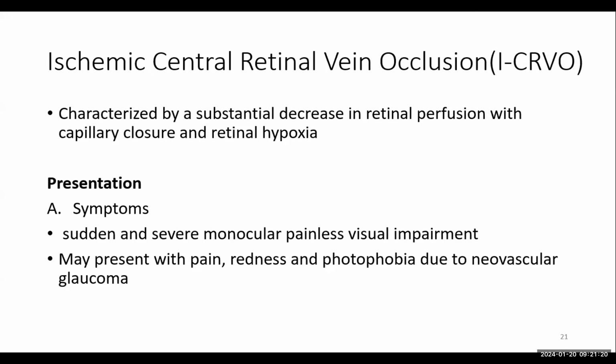They may present with pain, redness, and photophobia due to neovascular glaucoma, which is not as common as in the non-ischemic type. But in ischemic, if there is neovascular glaucoma, it may be associated with pain, redness, and photophobia.